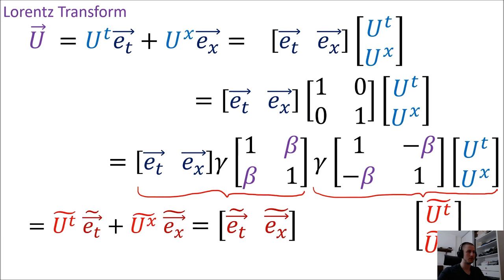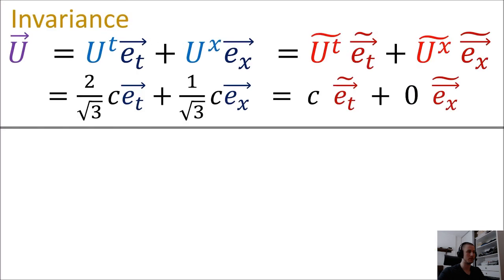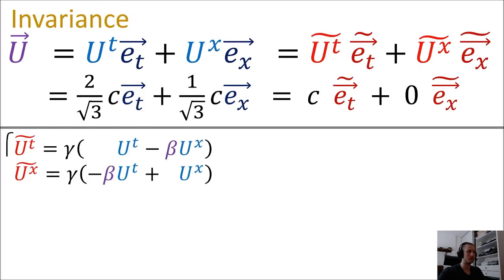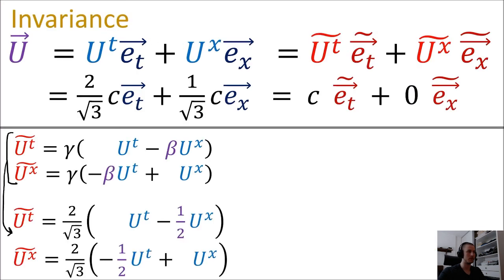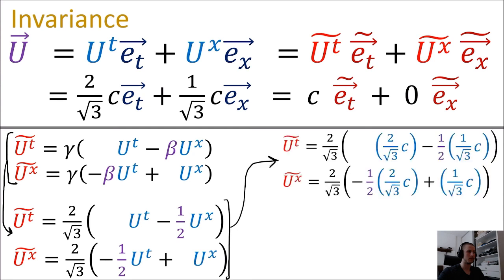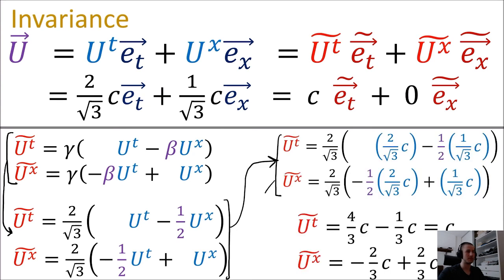So the components of the four velocity vector big U transform just like the components of the four position vector big S. We can see that if we take the Lorentz transformation, plug the gamma and beta coefficients in, and also the ut and ux components in Einstein's frame, we get the expected four velocity components of ut tilde equals c and ux tilde equals 0 for the car's reference frame. But these components still describe the same four velocity vector U.